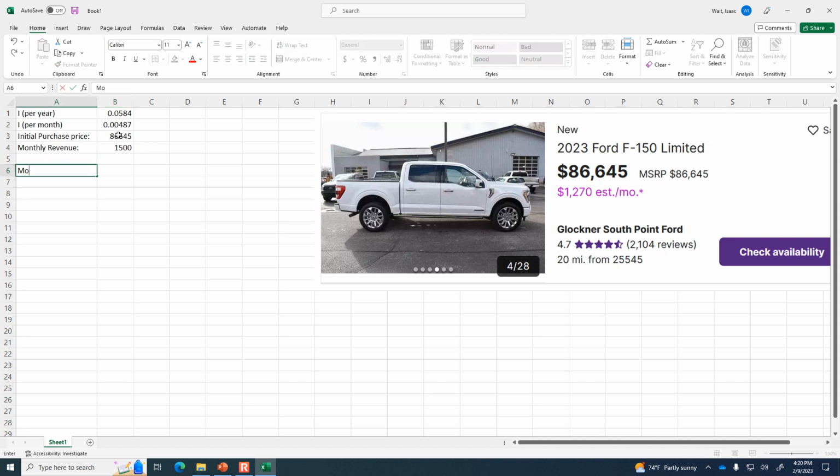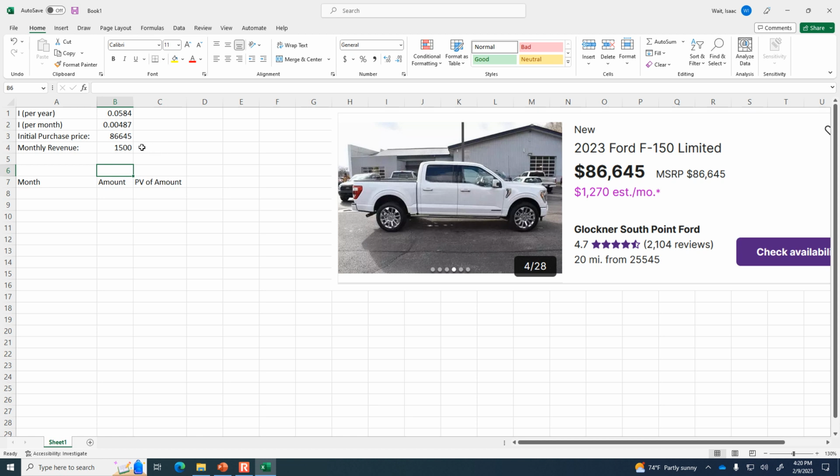Okay, so we're going to have month, amount, and PV of amount. The whole reason we're doing this is just to compare the effect of these different interest rates. So I'm going to start at 0, 1, 2, and go all the way down through 72 months.